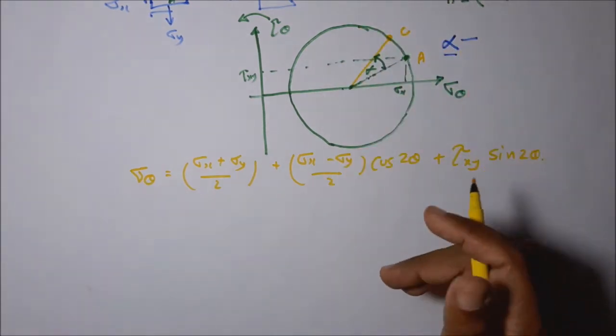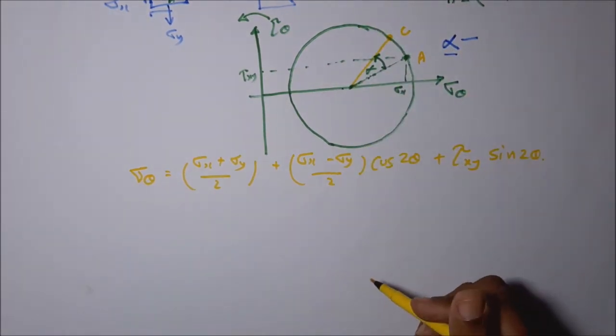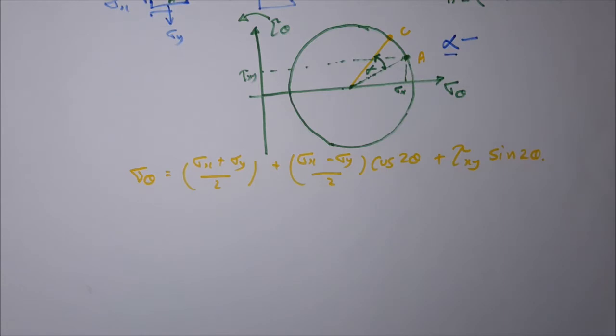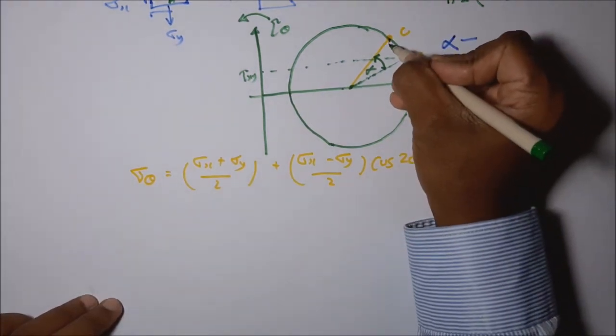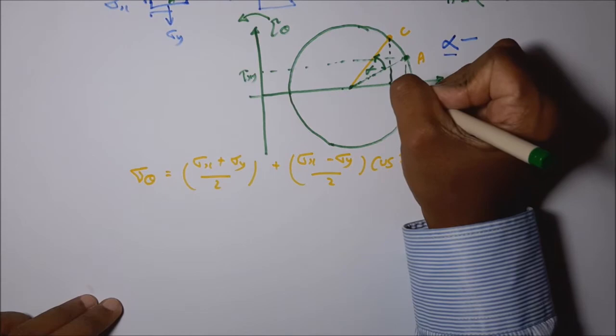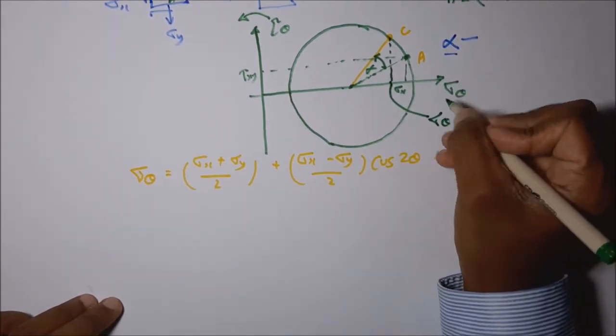From the Mohr circle diagram, what is the value for the C point? How can we find the sigma theta value? Sigma theta is represented by the stress at this C point.